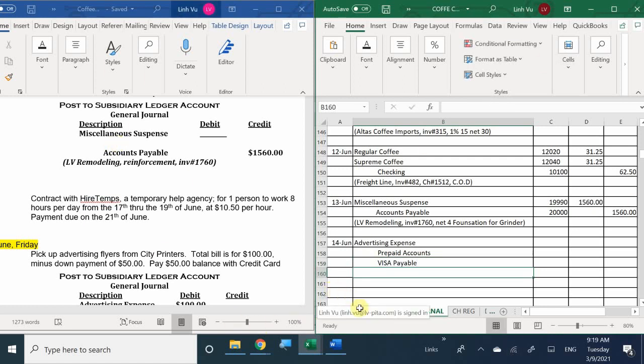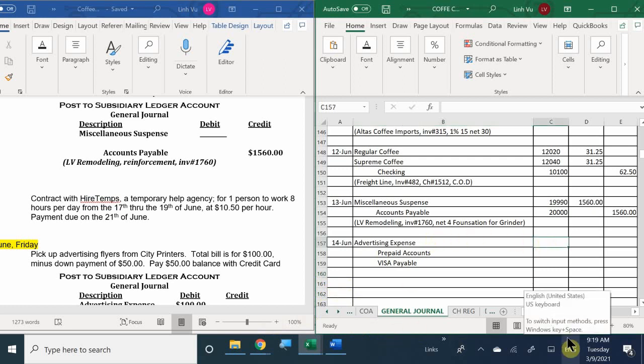So let's confirm in our chart of accounts. What is my advertising expense account? 60,000. What about my prepaid account? 18,600. And lastly, what is my credit card payable account? 22,000.